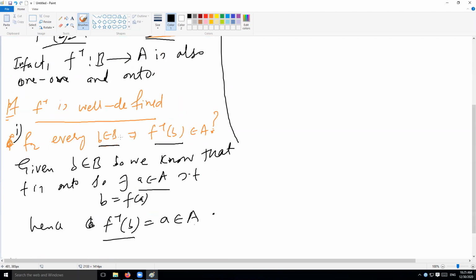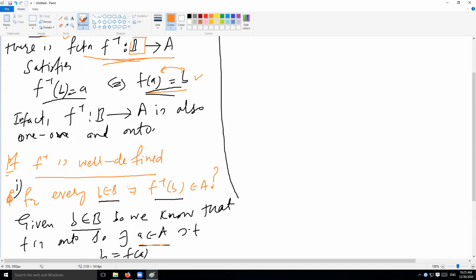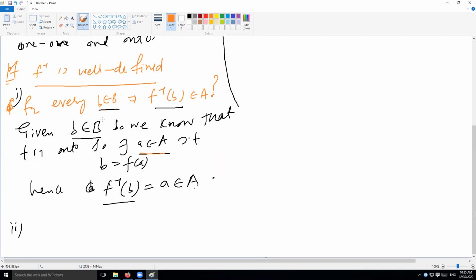Now here, b belongs to B and f is onto, so there must be an a in A such that b equals f of a. So from our given definition, f inverse of b must be a. So I can deduce that f inverse of b must be a.